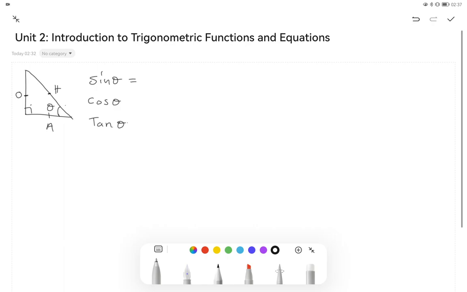Sine theta is equal to opposite divided by hypotenuse. Cos theta is equal to adjacent divided by hypotenuse. Then tan theta is equal to opposite divided by adjacent. Basically, these are the three trigonometric functions that by default we should know.